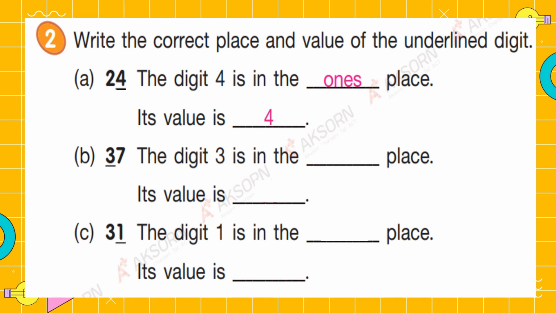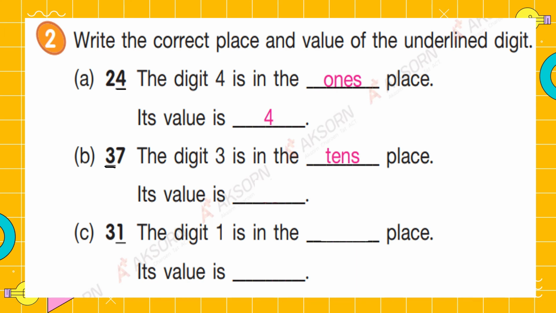Next, let's take a look at letter B. We have 37. The digit 3 is in the blank place. Look at the underlined digit. It is number 3. Number 3 is in the what place? Tens. Good job.